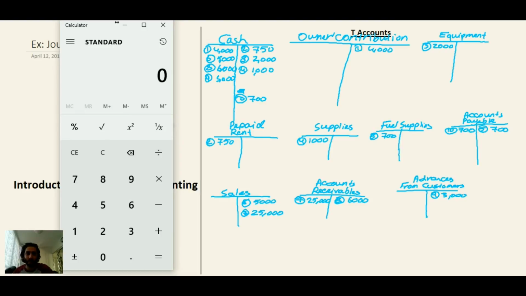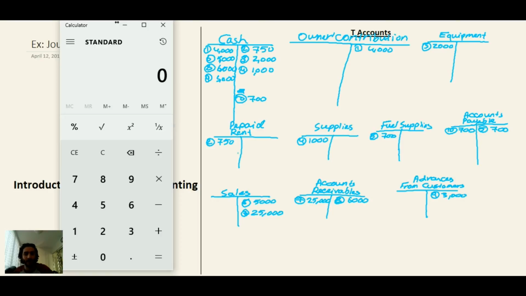You will see that asset accounts normally have a debit balance. Liability accounts normally have a credit balance. Owner's equity normally has a credit balance. Revenue normally has a credit balance.